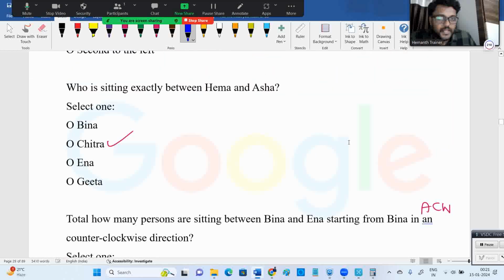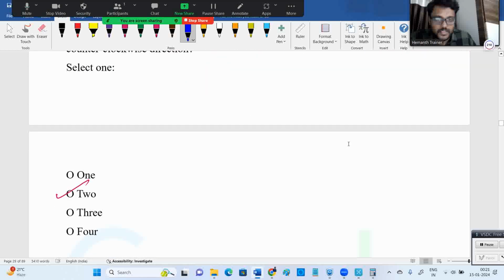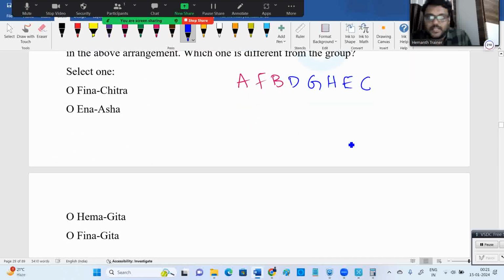AF, BD, GEHC. This is okay in counterclockwise direction. Okay, fine. You can write like this. Okay, this can be continuation again.